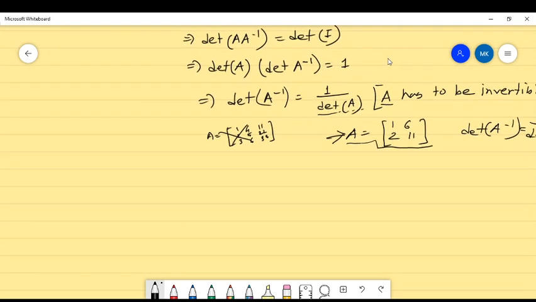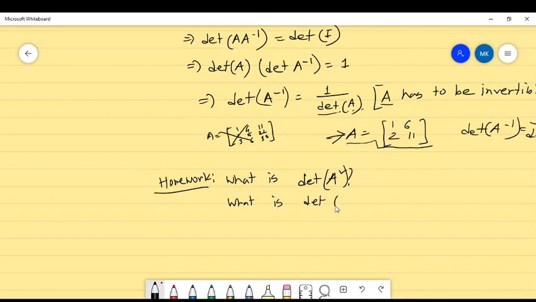So, a question, a homework. Our homework is: you have to find out what the determinant of A squared is, and what the determinant of 2A is.